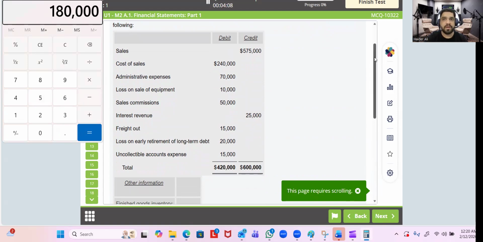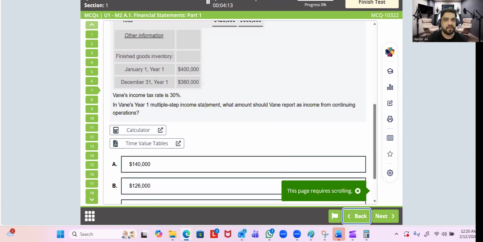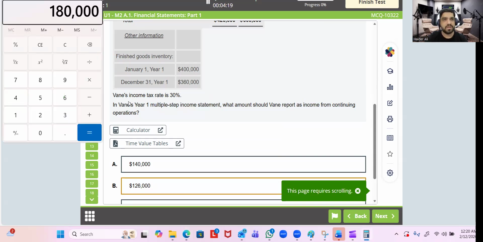However, when you tax the 180,000 with 30% tax, what is the final income left with you after paying the tax? So let's calculate 180,000, and 30% is the tax rate. You can directly multiply with 70%. So your final answer should be 126,000. If you are not comfortable solving this question, 180,000 is your income before tax.